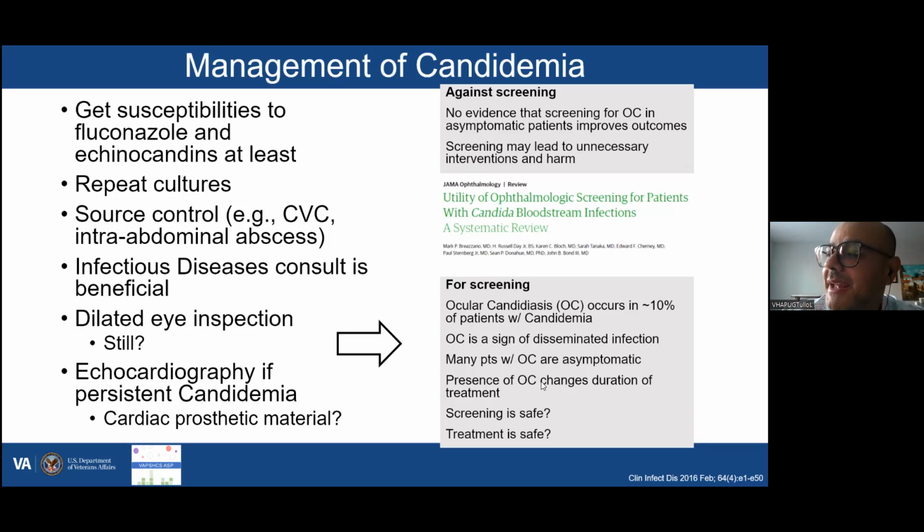It can be asymptomatic in many patients. It changes the duration of therapy, and both screening and treatment are safe for the most part. You might come across that. And then echocardiography is for persistent candidemia, and there's an increasing practice of doing it if you have a patient with cardiac prosthetic material as well. Again, these are other tidbits, more clinical. I think the more controversial aspects probably won't be on your tests.